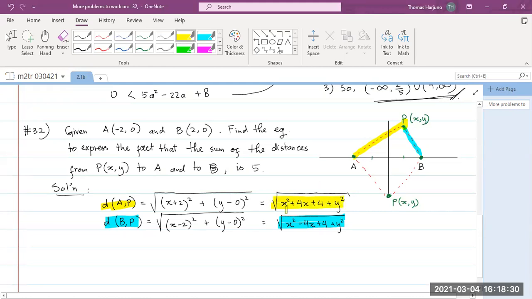Now, what we want to do is to find all coordinates P(x, y) that have sum of distances to A and to B equal to 5. In other words, the distance from A to P plus distance from B to P equals 5. Okay, that's what we want to do.